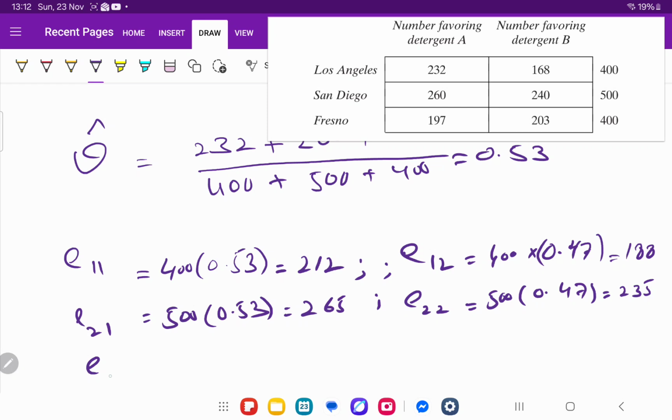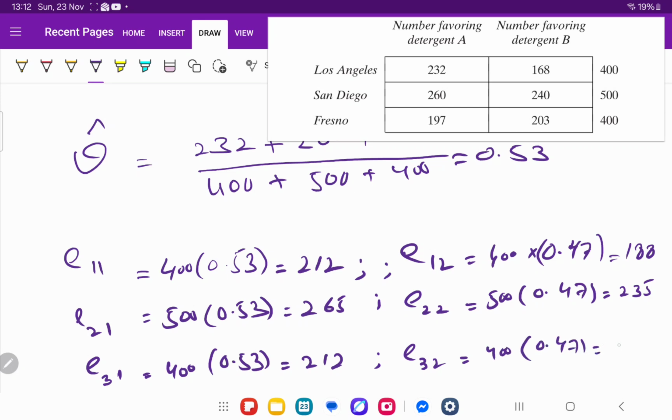Now row 3 column 1, and the total is 400 multiplied by 0.53, answer is 212. Row is the same, and column 2, 400 multiplied by 0.47, answer is 188. Okay, so that's how we have calculated the values of all E involved.